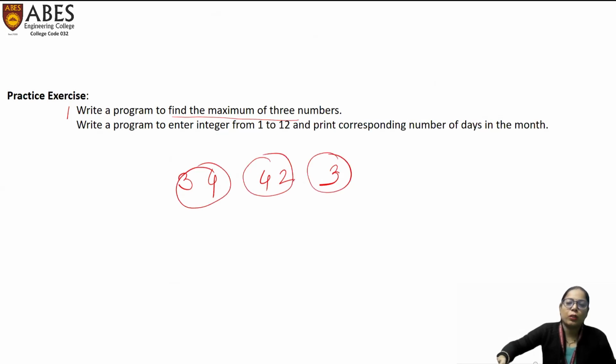You will use the concept of nested if else statement here. You can do this question with other statements also, but here you have to do it with nested if else statement so that you can have better understanding and practice it.